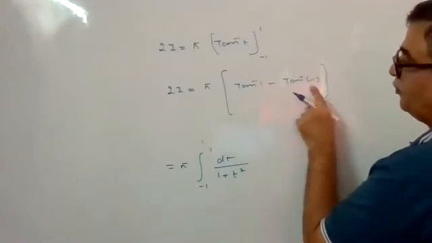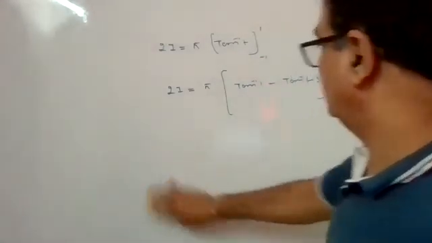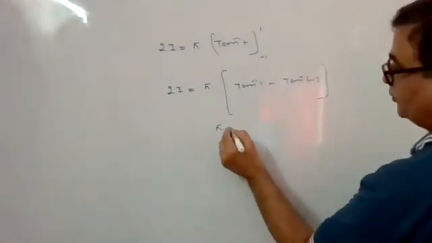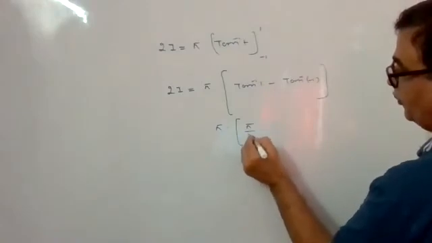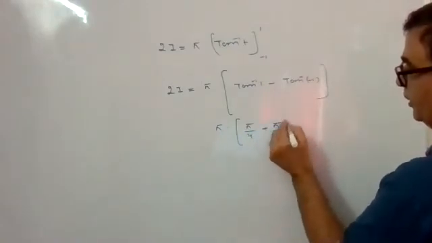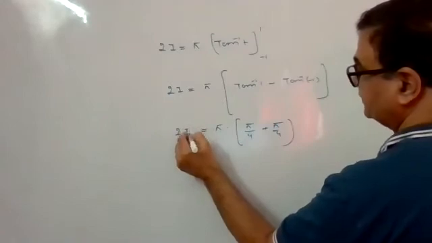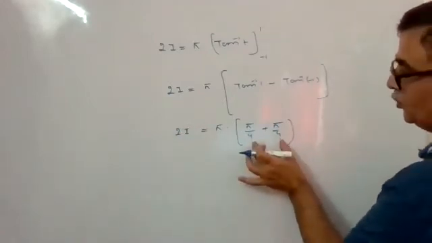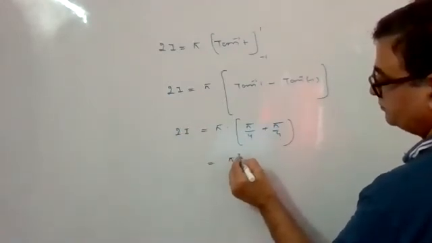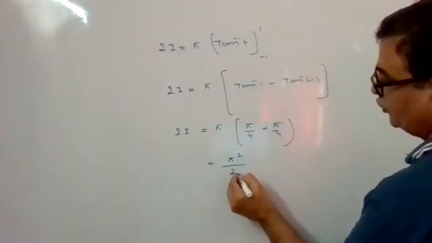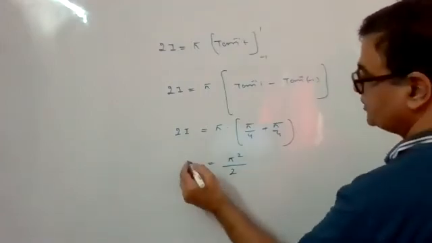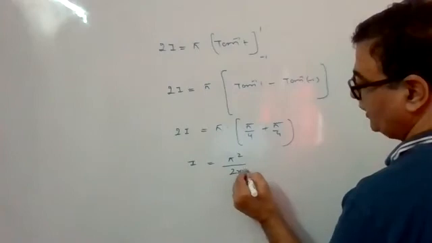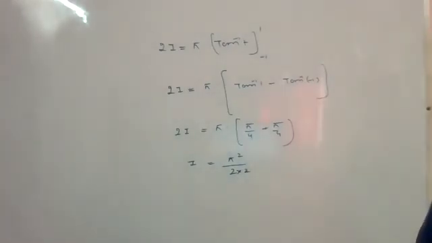This is pi by 4 plus pi by 4. So it will come out to be pi by 4 plus pi by 4. This is 2I, which is pi by 2 only. Pi square by 2 will be here, and this is 2I. So I comes out to be pi square by 4 is the answer.